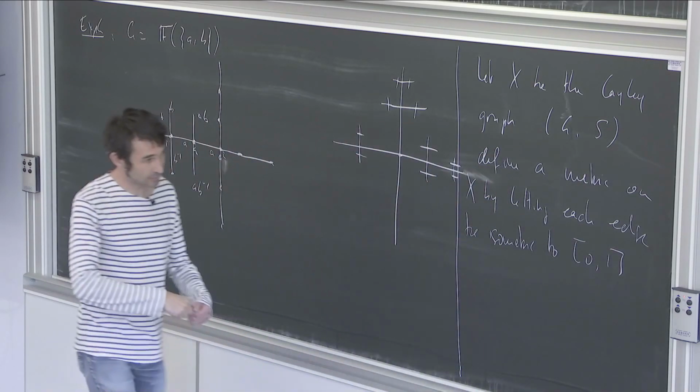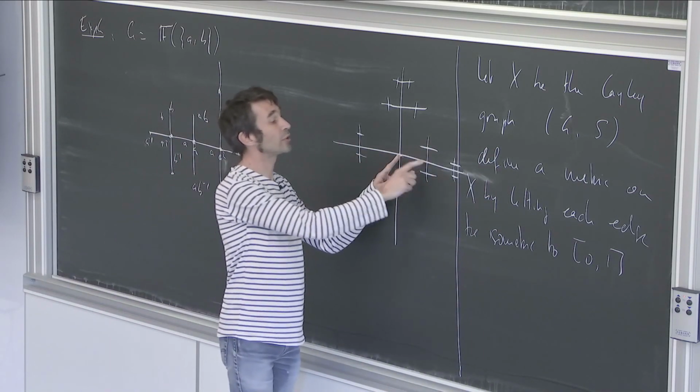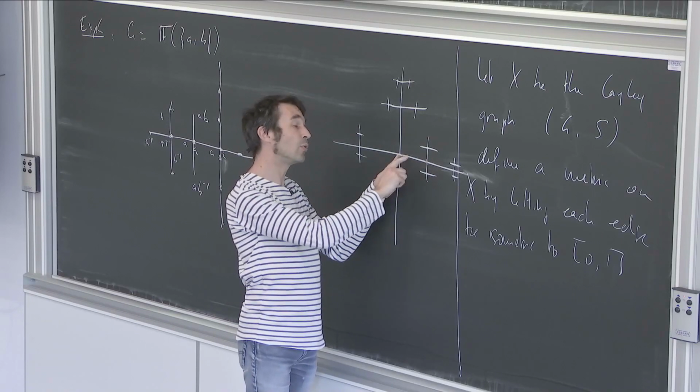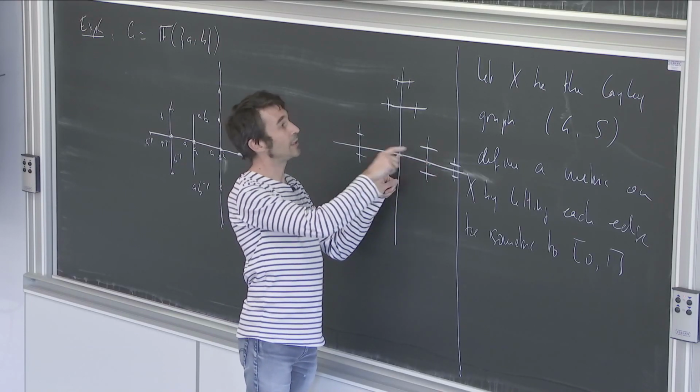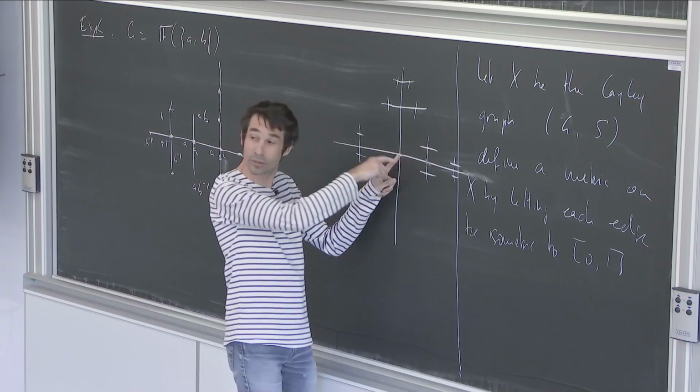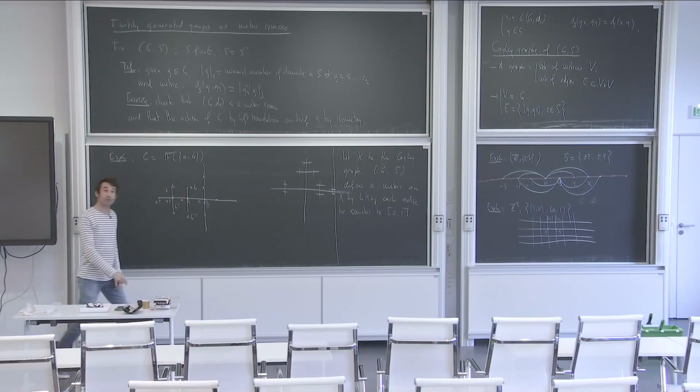So this means that each time you go through an edge, you go 1 ahead. And so the distance between 2 points will be the smallest length of a curve joining them.